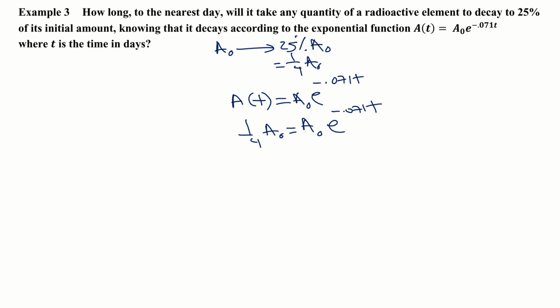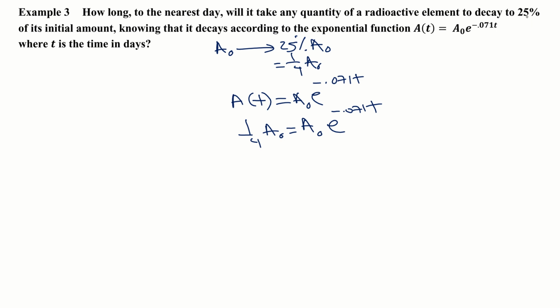Notice the interesting thing is, it turns out it has no effect what the initial amount is, right? It's going to take the same amount of time to go from a given initial amount to 1/4 of it, right? So whatever amount you start with, the amount of time that it will take to decay to 25% of that initial amount is going to be the same.